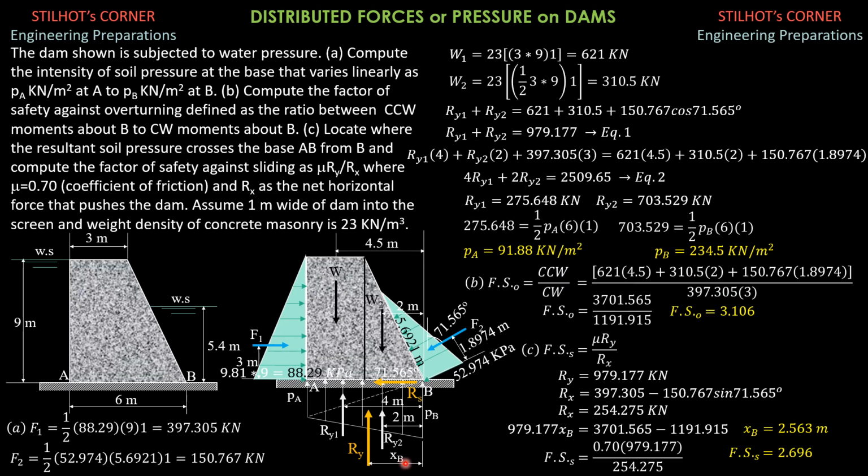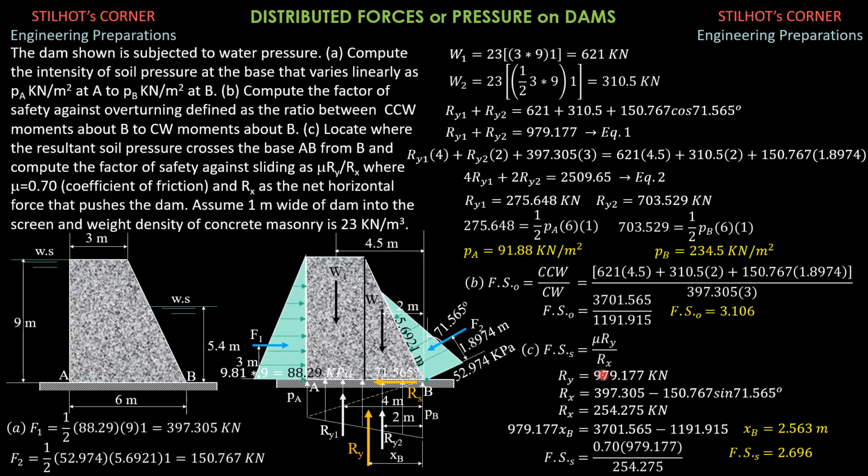Therefore, Ry times XB is equal to the counterclockwise moments about B minus the clockwise moments about B. The counterclockwise moment about B is 3701.565, that's the value of the numerator, minus the overturning moment or the clockwise moments, the denominator, 1191.915, instead of recomputing it. So XB is 2.563 meters from B.